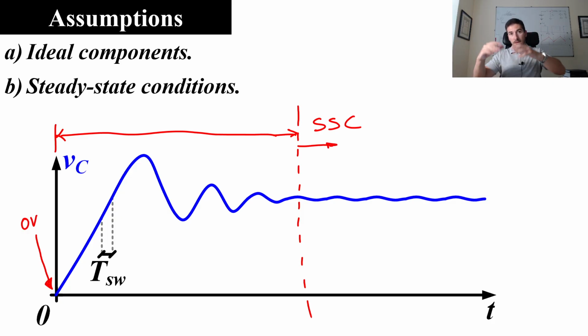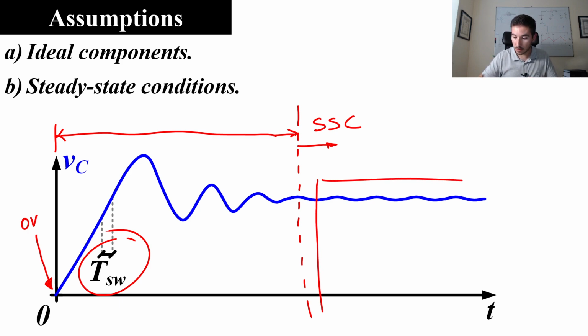So in that part the waveform is constant or periodic. As you can see, if we see here the switching period, we notice that we need some switching periods in order to reach steady state conditions. But the point is the method that we are going to see is valid for steady state conditions, is valid for this part of the waveform.